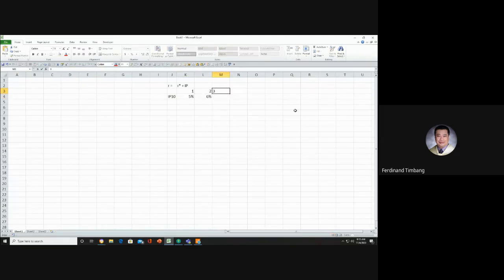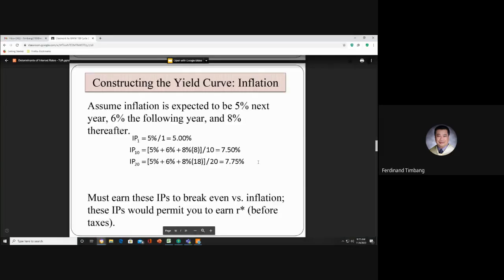So from 3 up to 10, that is the 8%. That is how it comes out, starting from 3: 1, 2, 3, 4, 5, 6, 7, 8. Okay? Because it says inflation 10, so it means year 10.